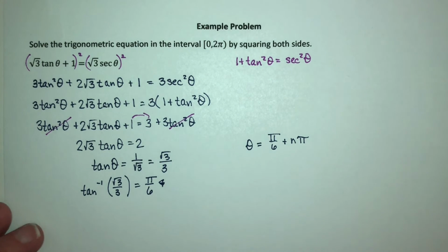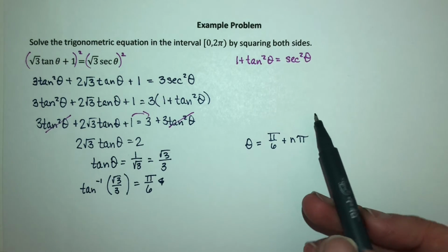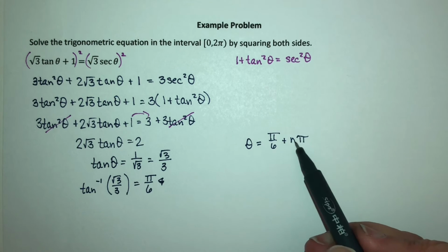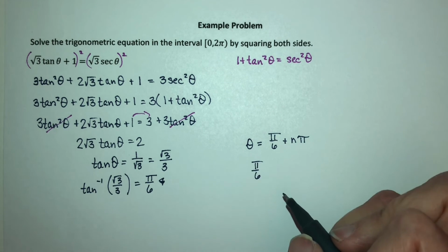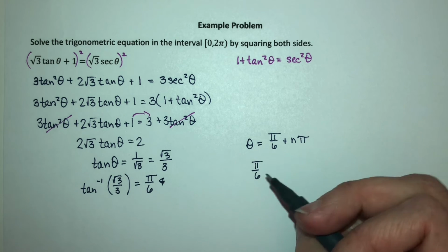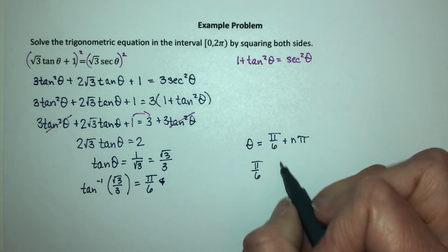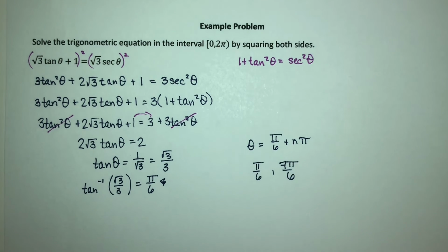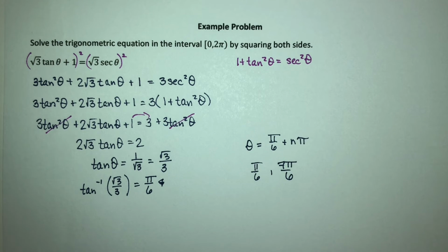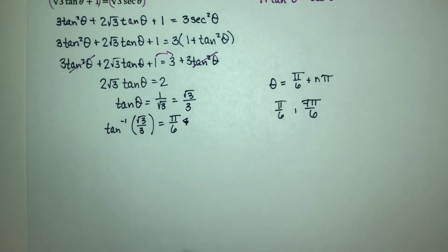All right, so let's figure out all of these possibilities. If n is 0, I have pi over 6. If n is 1 and I add pi to that, then I get 7 pi over 6. And then if I add pi again, then it's too big. So I have two potential solutions, and I need to check them both.